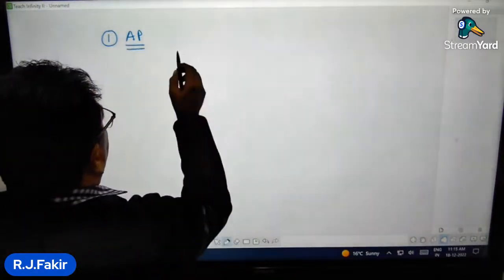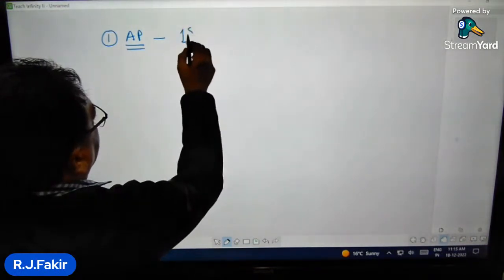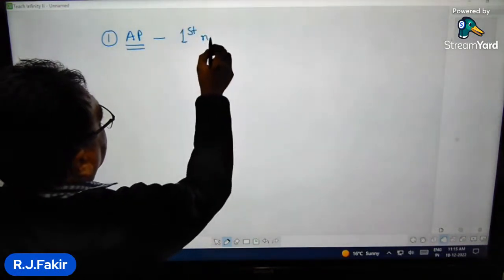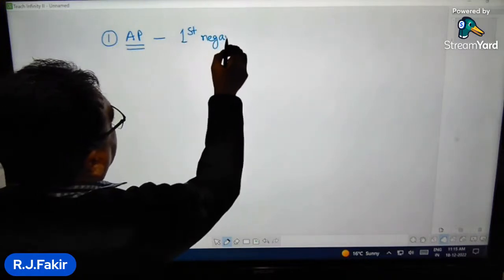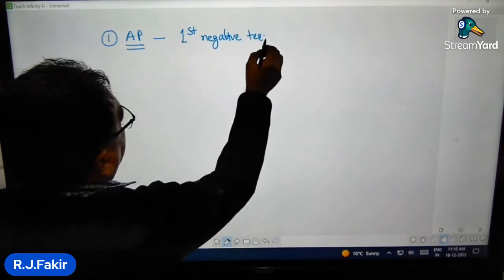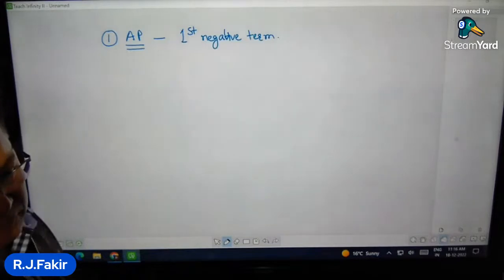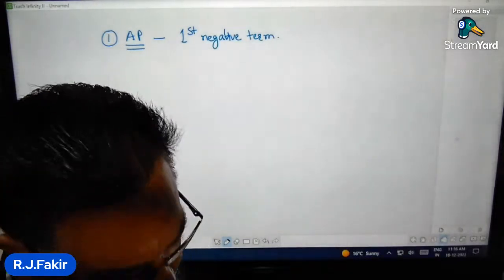The question is which term will be the first negative term of the AP. This is the general question which confuses many students.